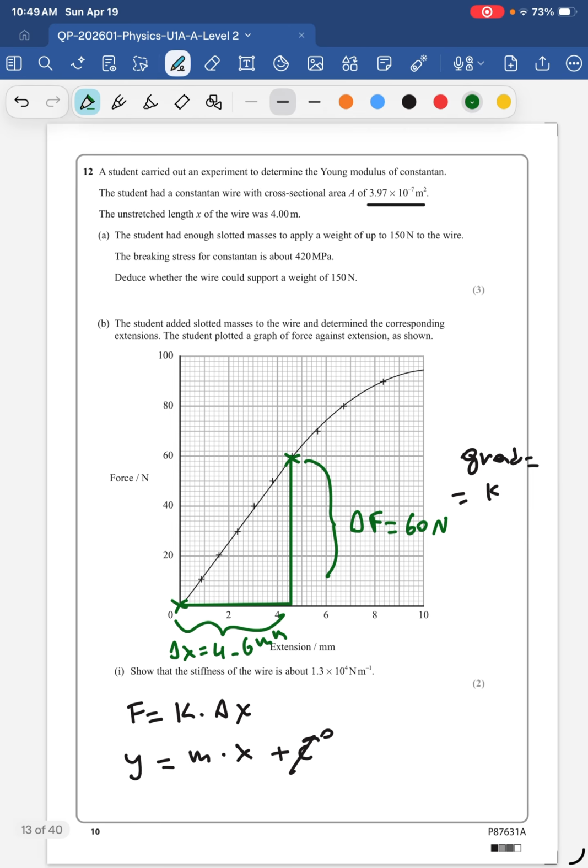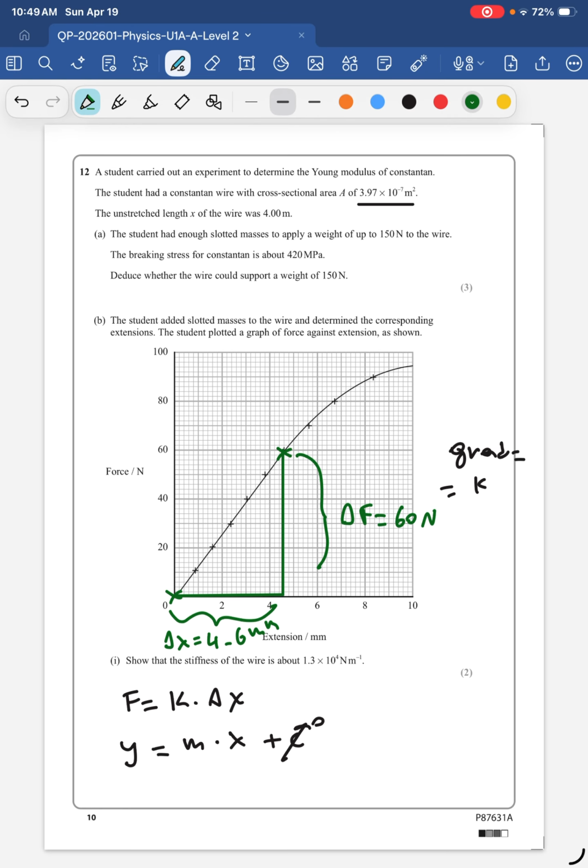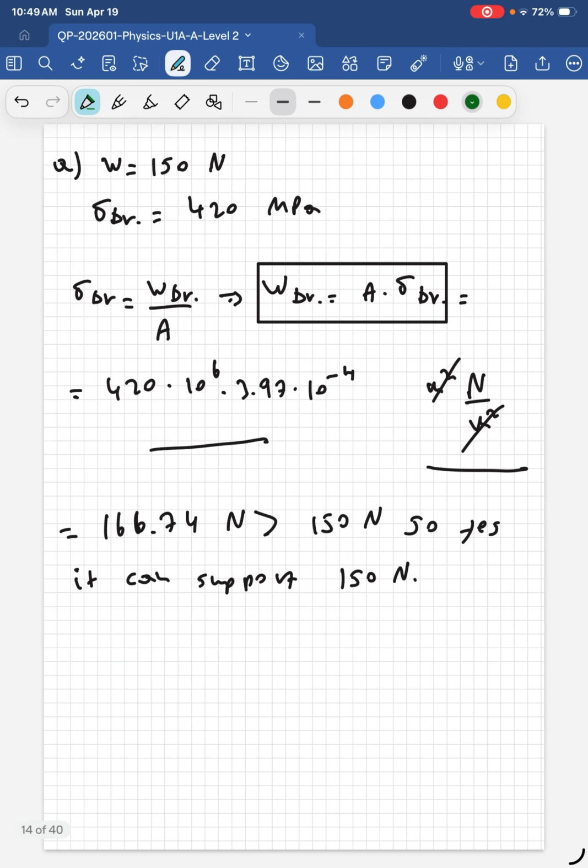millimeters. I don't know why the screen does that weird effect sometimes. Perhaps I'm going to edit it out, we'll see. So let's go back here, so we have space to work, do part B. So the gradient is equal to delta F over delta X, or 60 newtons over 4.6 millimeters.